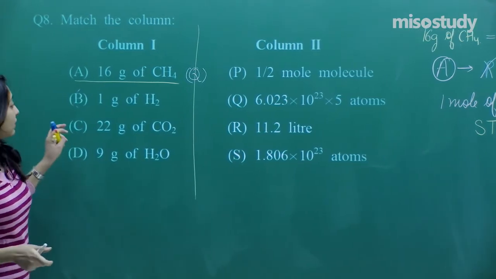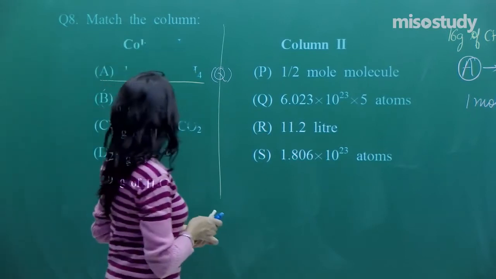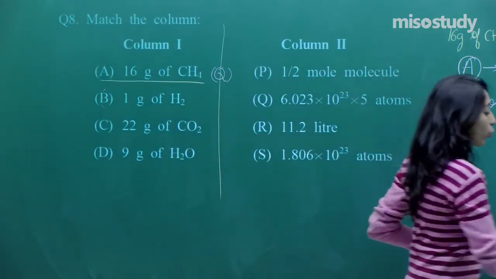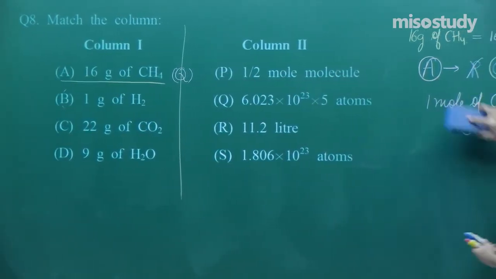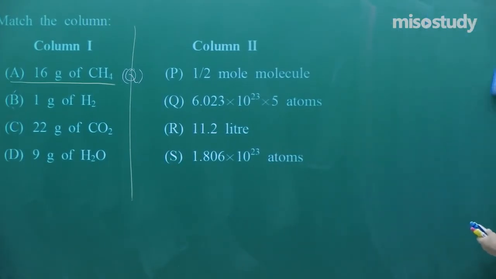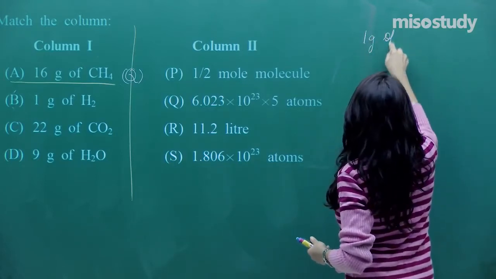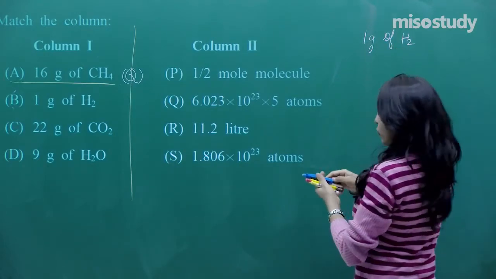The same way I need to proceed with option number B. Option number B says you are to start with 1 gram of hydrogen. Let us do it in a similar fashion. So we are talking about 1 gram of hydrogen.